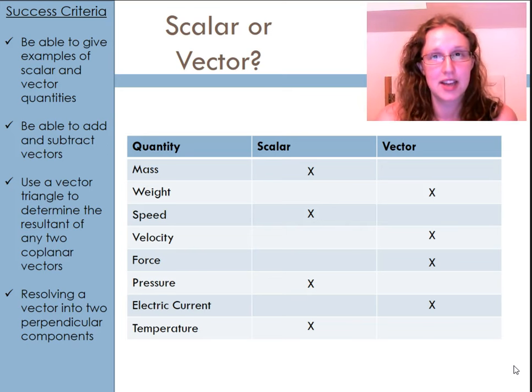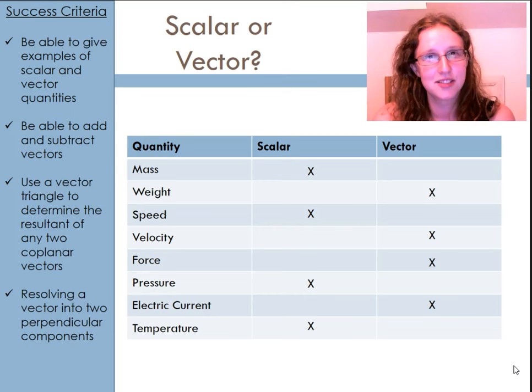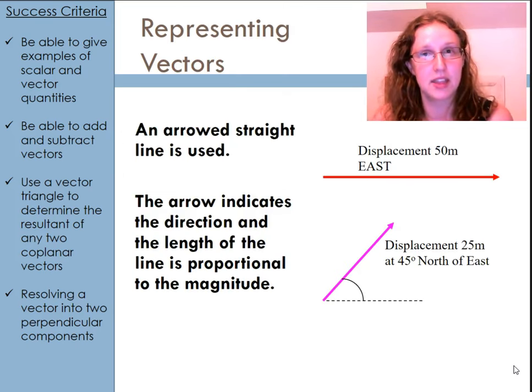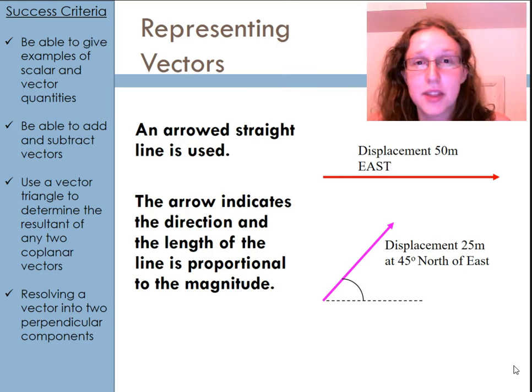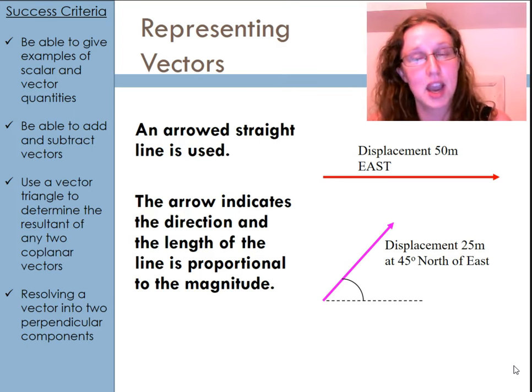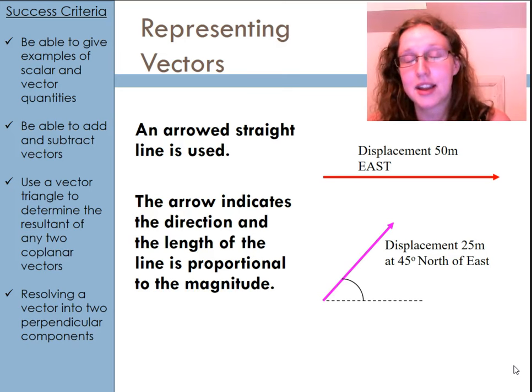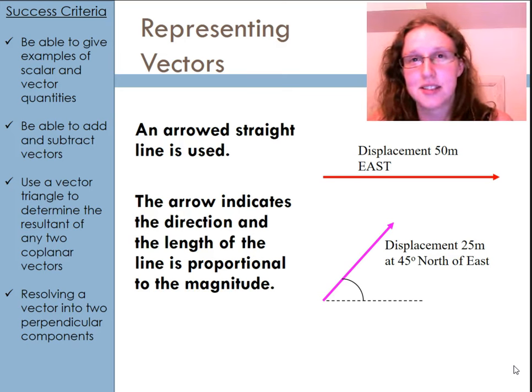So that's scalars or vectors. Scalars, I hope you get, are going to be easy. They're just magnitudes. Vectors are more complicated, so we need to think about how we can represent them. And the most obvious way of doing it is with an arrow, because that shows me how big it is, which I can show by how long the arrow is, and I can show the direction because it's an arrow.